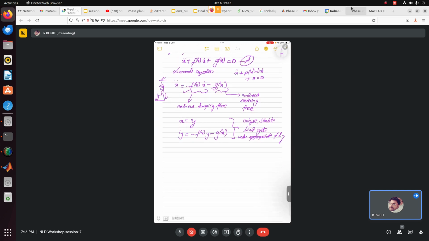So in order to show that, Lienard's theorem states this. We will not go into the derivation, but we will just see what Lienard's theorem is and how we can use it for confirming that there are closed orbits present in the system.